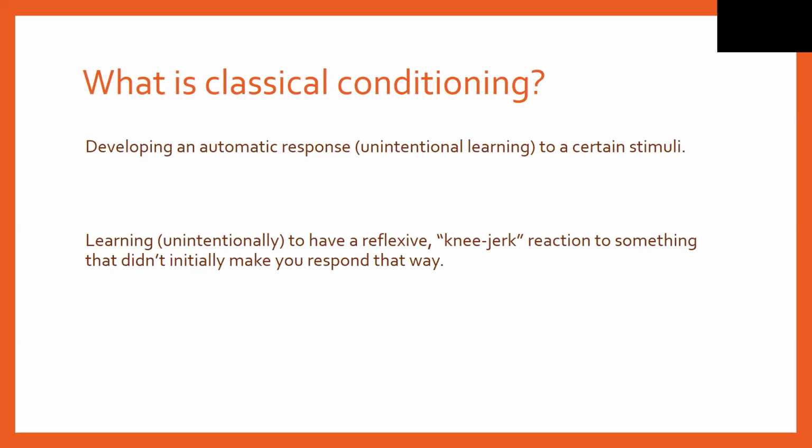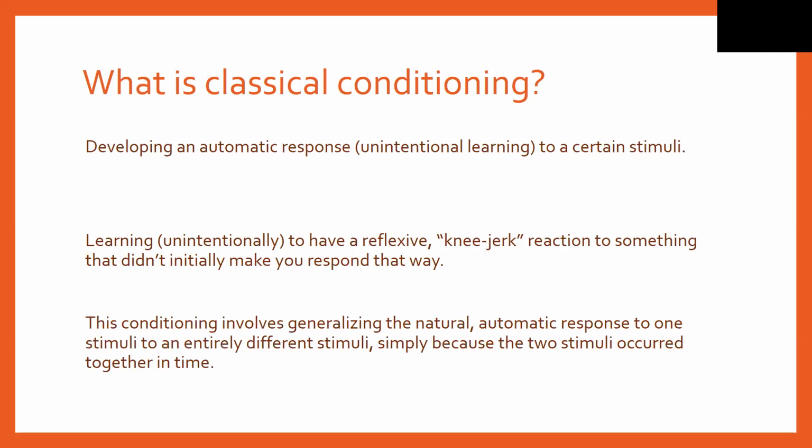It's just the result of 2 things occurring in time. And so you can think of it as like a reflexive reaction, a knee-jerk reaction to something, is a term I use quite a bit, to something that didn't initially make you respond that way. So what it really involves is generalizing a natural automatic reflex to something else that's entirely different.